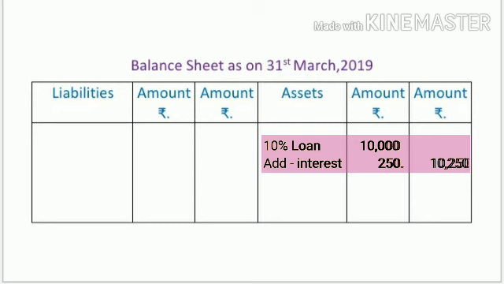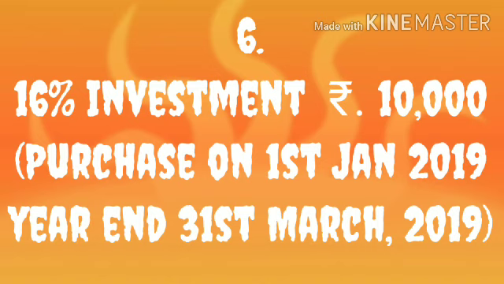Now we learn hidden adjustment number 6. 16% investment purchased on 31st January 2019, rupees 10,000. Accounting year ends on 31st March 2019.